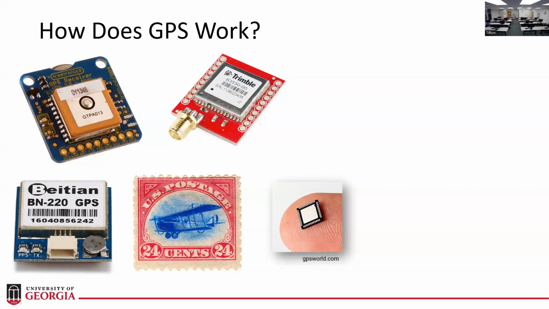Some chips you can purchase online for a couple of dollars, maybe cents if you buy in bulk. Of course, based on the price, you're going to have a variety of accuracies. Very cheap GPS chips are going to give you lower accuracy for precision ag purposes, but it's still pretty amazing technology to have for such a low price.